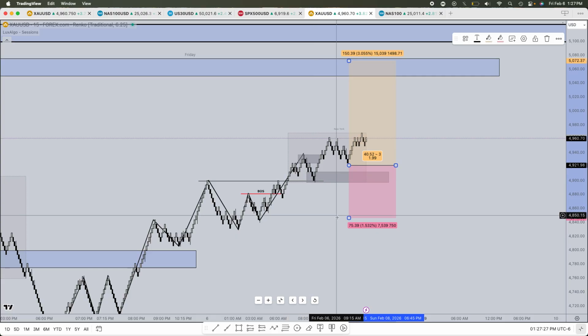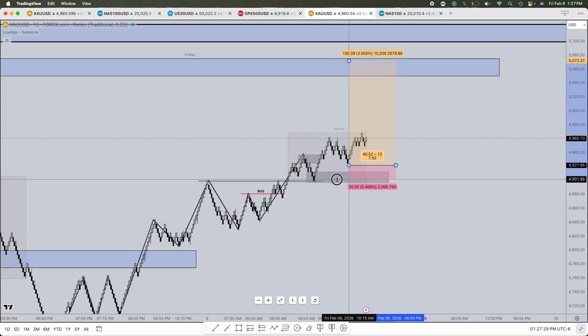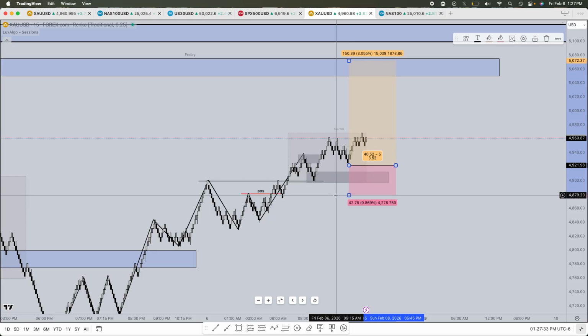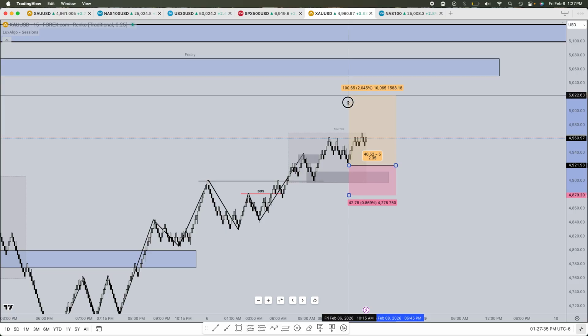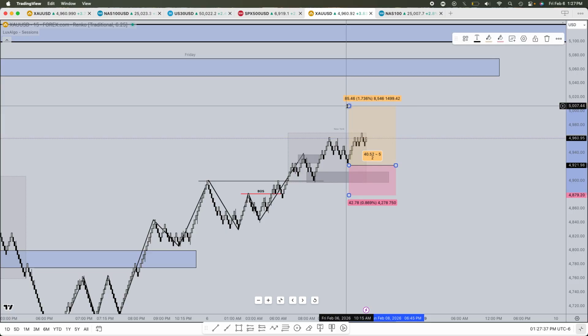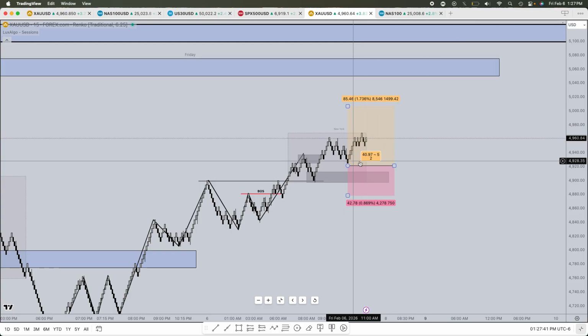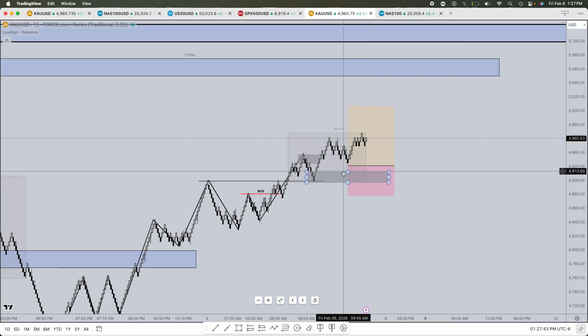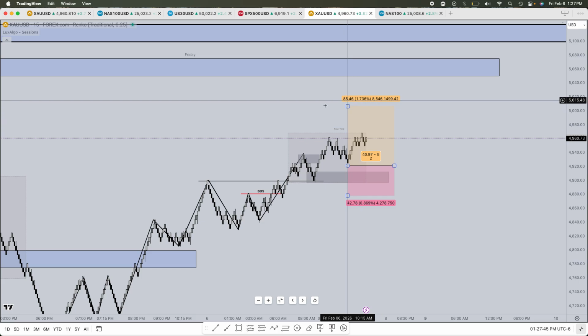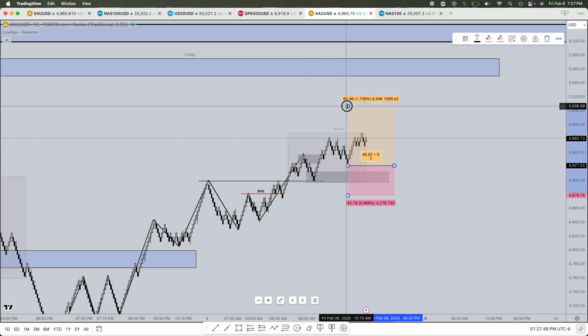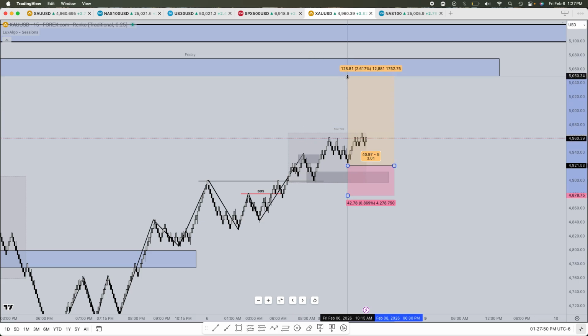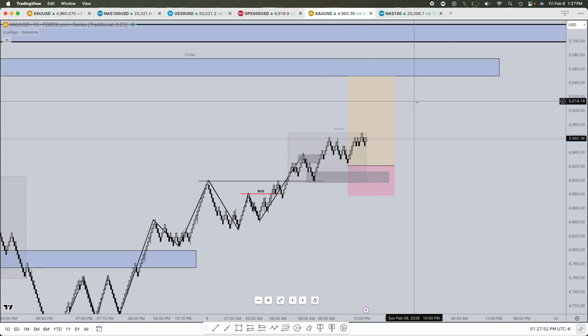I would have put it 3 wrinkles below this one, and so instead of 21, I would have just made it like 41. Got me a 1 to 2. I still wouldn't be out of this trade. I'd be in profit, right? Depending on where it came down here and where it rejected. I need at least 2 wrinkles. That's my 1 to 2. And if I shoot for this first zone, it's 1 to 3.